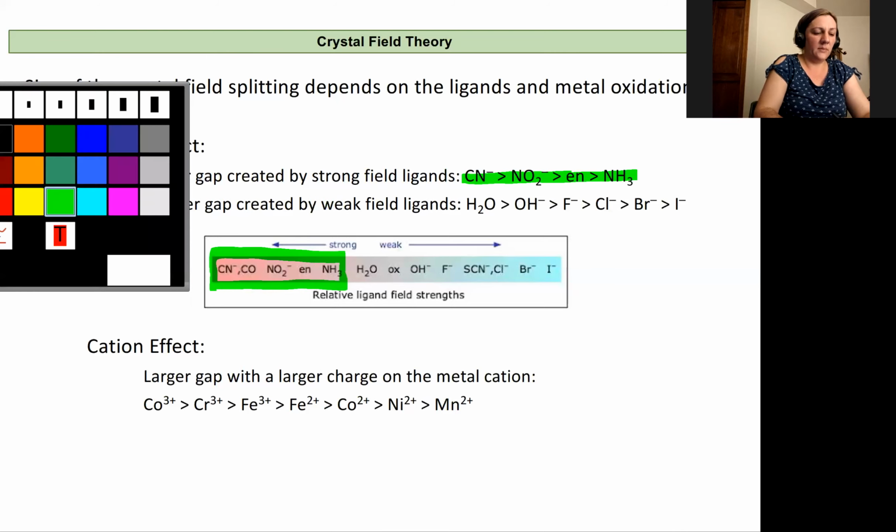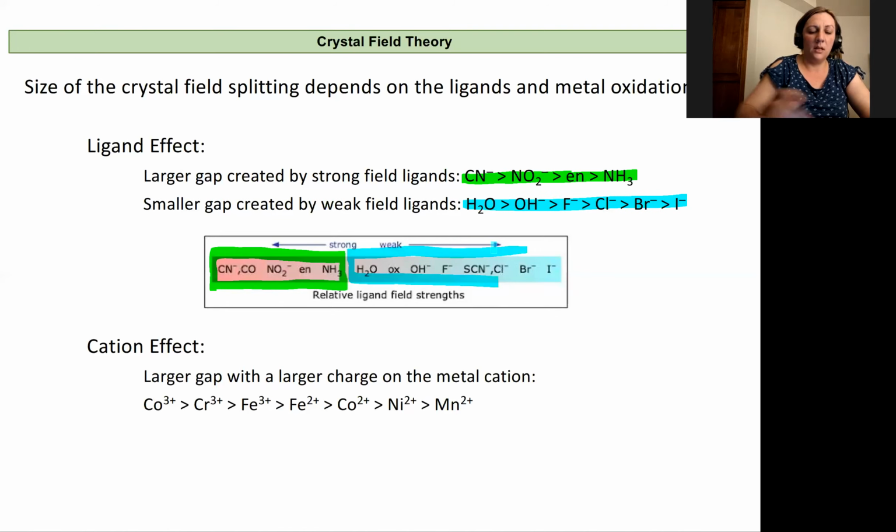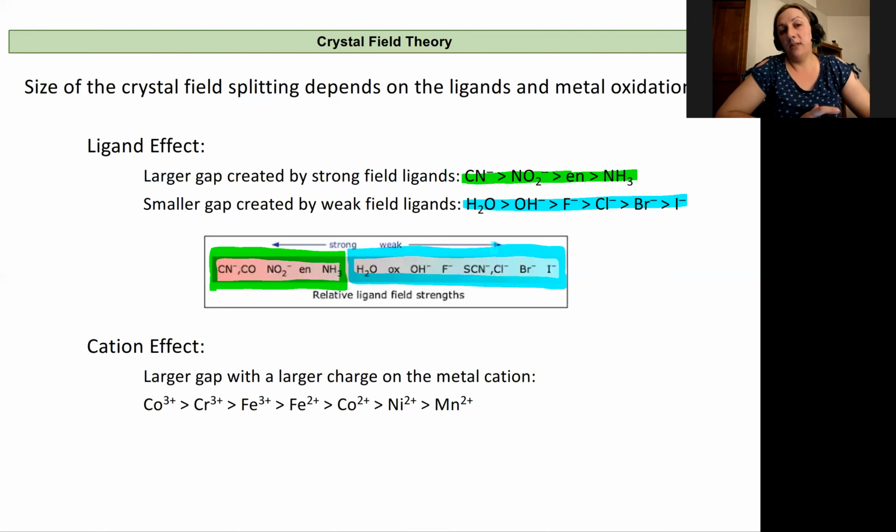Then we'll see smaller energy levels for splitting from our weak field ligands, which are going to be our water through our iodine. So there'll be these ones right here. And these are relative field strengths. So iodine will be a much weaker field ligand than something like water.